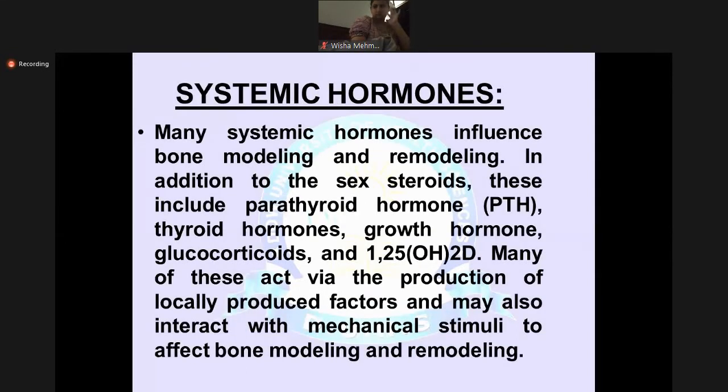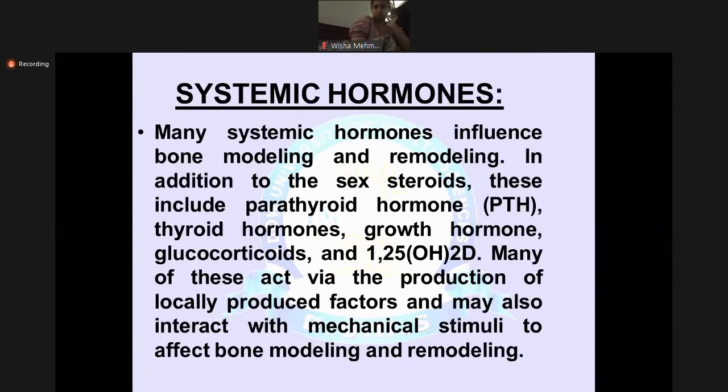So again, if you consider the different hormones, what is the role of the different hormones in this remodeling? Many systemic hormones influence the bone modeling and remodeling. And again, mind it, you should know the difference between modeling and remodeling. In addition to the sex steroids, the hormones which are going to aid these processes include the parathyroid hormone, thyroid hormone, growth hormone, glucocorticoids, and 1,2,5-dihydroxycholecalciferol.